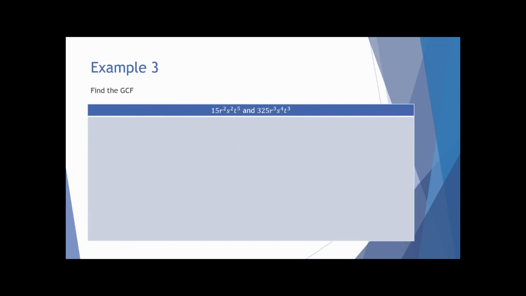So we're going to work piece by piece. We're going to first look at the numbers, then we're going to look at the letter r, then the letter s, and then the letter t, and you keep going until you've gone through all the different variables. So first, we want to find the GCF of 15 and 325.